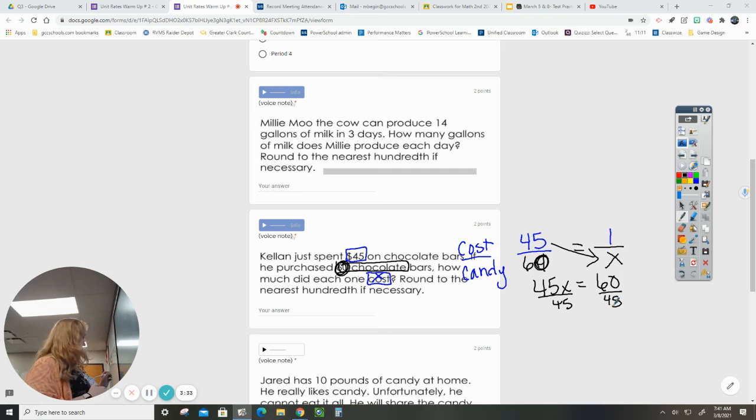Go off to the side to do that math. 60 divided by 45 is 1. I need a decimal point. I'm going to say 3. 45 times 3. It's 5, carry the 1. 85.